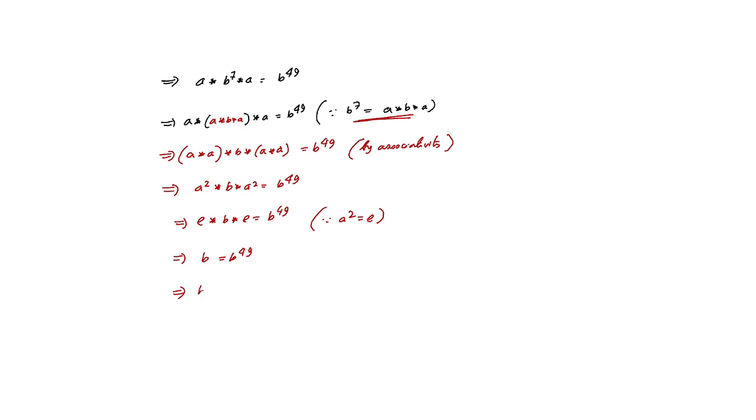And that we can write as B star E equals B star B to the power 48. Now by the help of the cancellation law, the left cancellation holds.